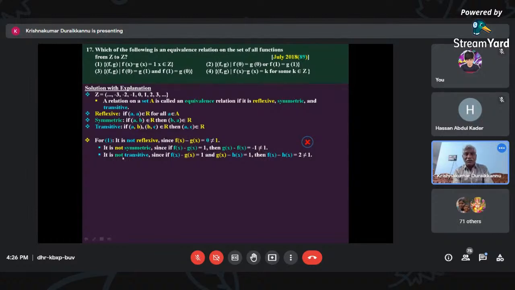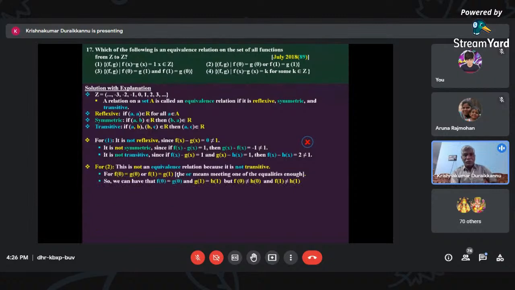So it is also not symmetric, and not transitive. Since f of x minus g of x is 1 and g of x minus h of x is 1, then f of x minus h of x should be 2, but it is defined as 1, so that is not transitive.